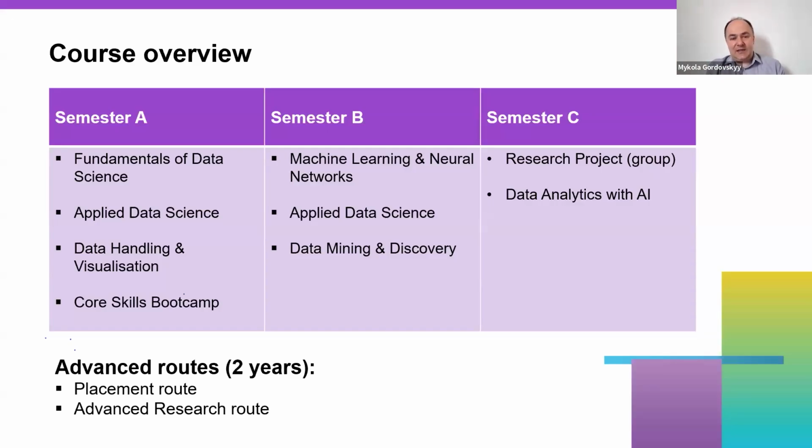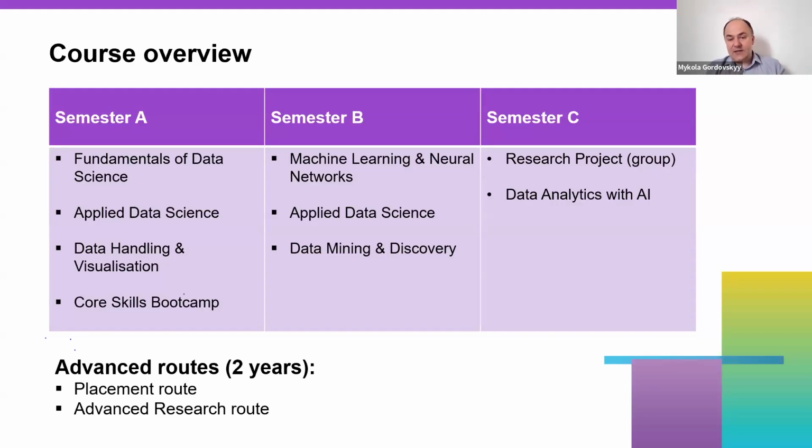Semester B has three credit bearing modules, but they're much more advanced. The core module is, of course, machine learning and neural networks, and students also learn how to apply data science to real world problems and how to do data mining, to look for patterns, to look for interesting insights.